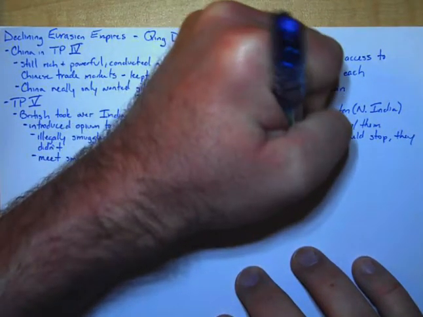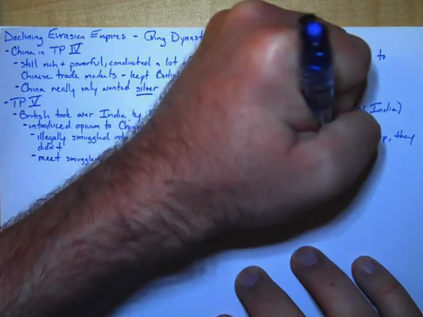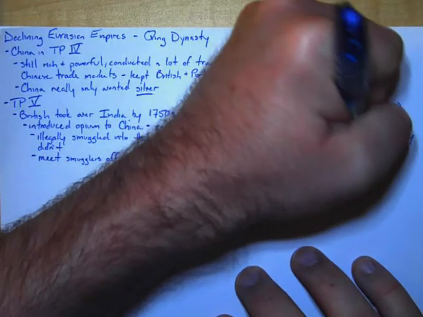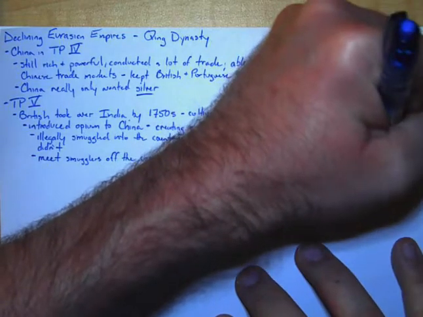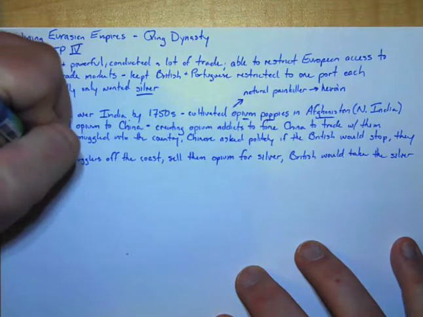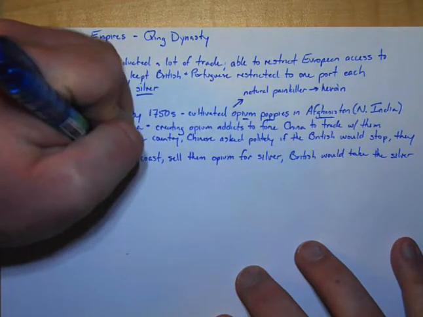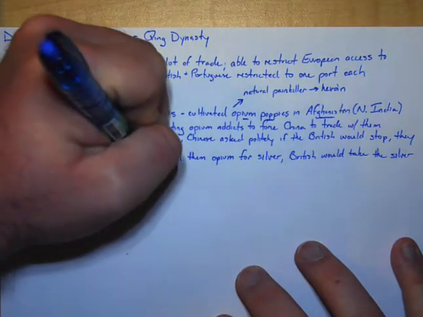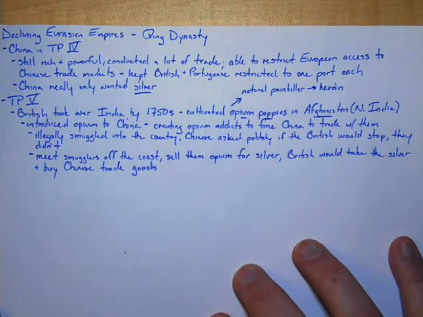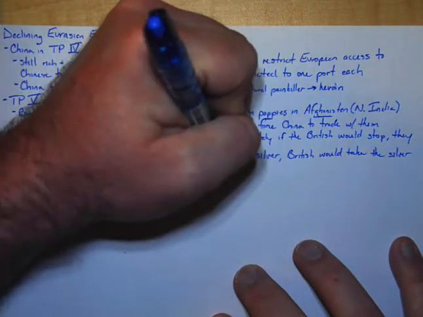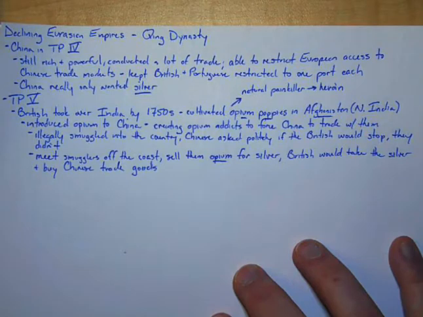And then the British would take the silver and buy Chinese trade goods with it. So the British are buying Chinese trade goods with their own silver. And then Chinese smugglers sell the opium for more silver, and the process continues.